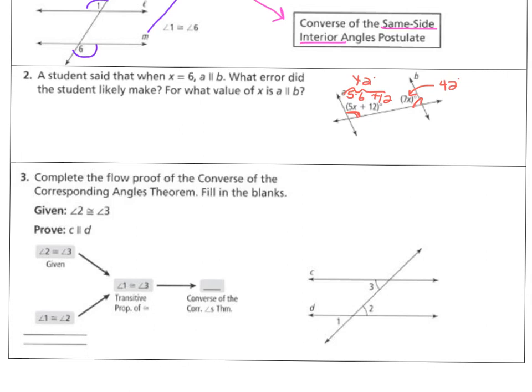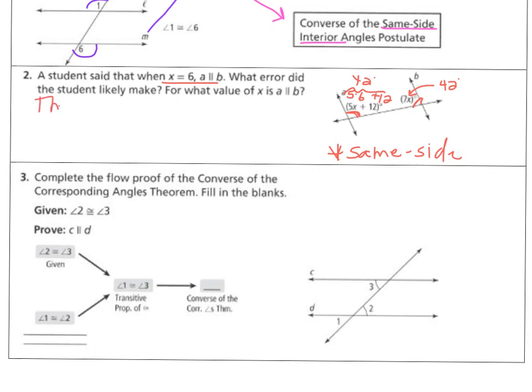But these angles are same side interior angles. And the rule for those isn't that they're congruent, it's that they add up to 180 degrees. So when it says when x equals 6, the lines are parallel, what is the error? These angles are not alternate interior angles, they're same side angles. So because of that, they're not equal to each other.